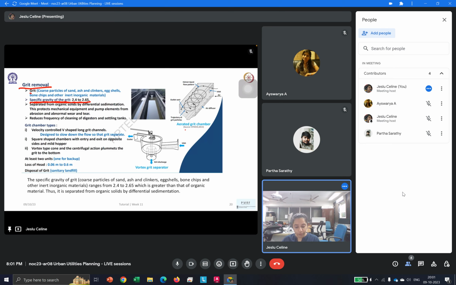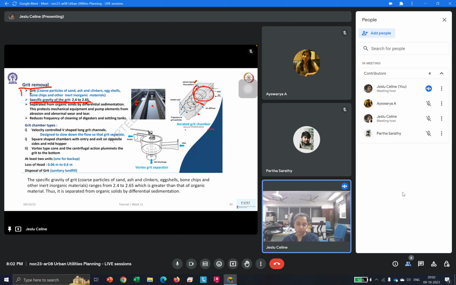Because grit has different specific gravities, you can have sedimentation to remove it, with multiple layers of sedimentation, and that's what is shown here. You can have multiple sedimentation tanks. Otherwise, if it is in one tank, rather than normal sedimentation, you use a grit chamber and allow the water or the effluent to go in circular patterns.